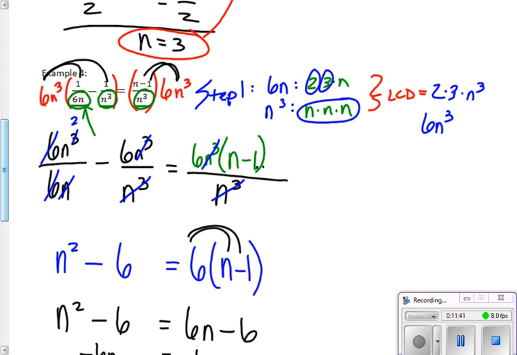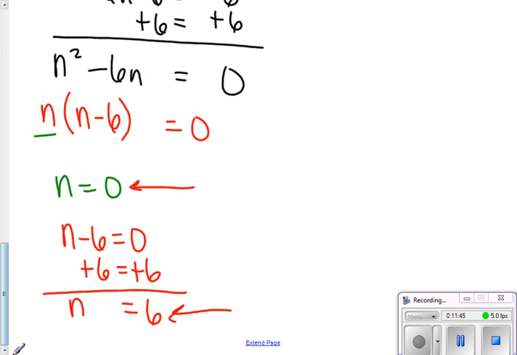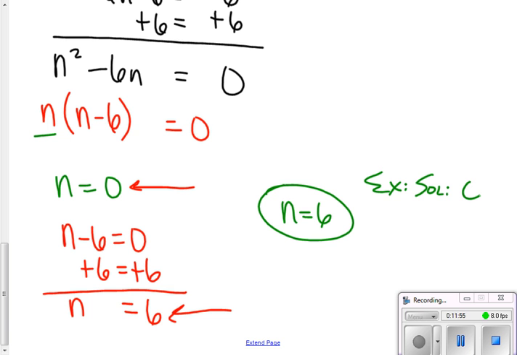I have a denominator of 0. You cannot have a denominator of 0. So basically, our answer here is n equals 6, and the extraneous solution is 0. So this will conclude our lesson on 9-5 Rational Equations, Lesson 57.